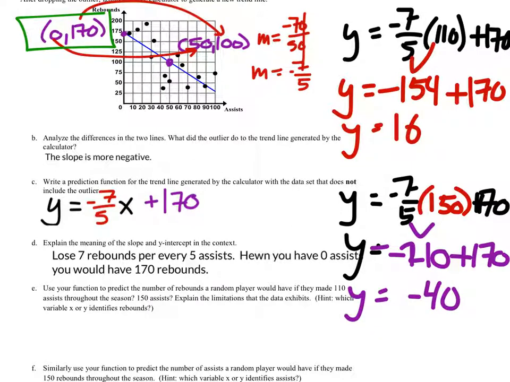So if you have 150 assists, you'd have -40 rebounds. It's impossible to get negative rebounds. You either have them or you don't. So in this case, it's unreasonable to expect this because we can only look in quadrant 1. The lowest number of rebounds you can have is 0.